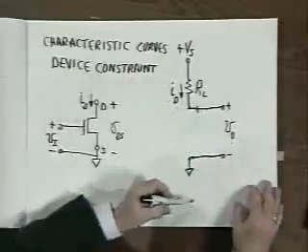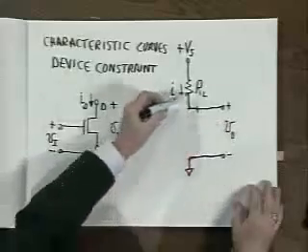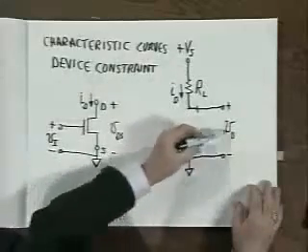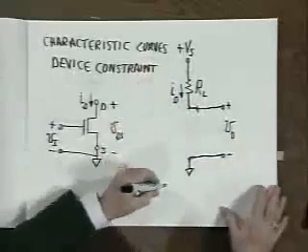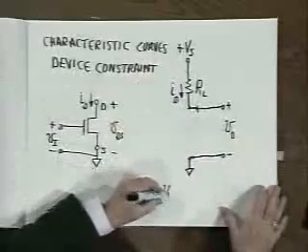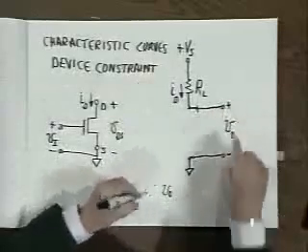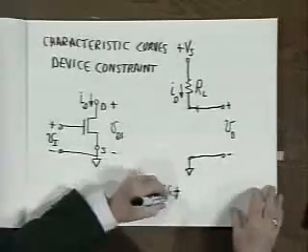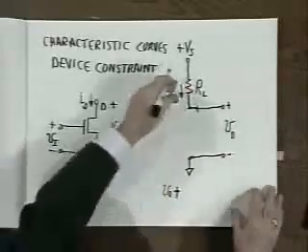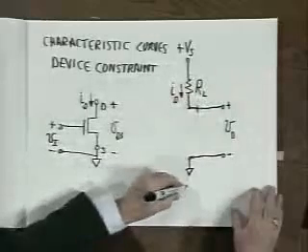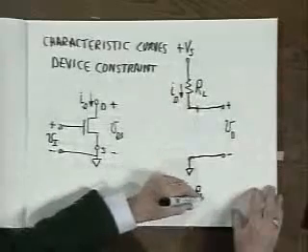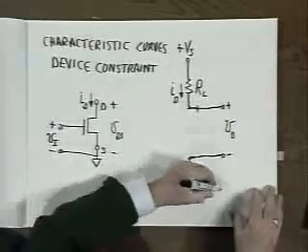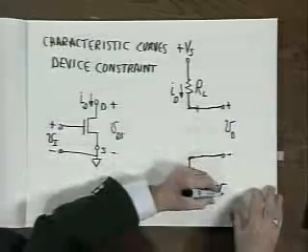Just applying Kirchhoff's voltage law and adding up voltage drops from ground to the voltage source, we get V sub O, this voltage, plus the voltage drop across this resistor, which is I sub D times R sub L, had better equal the supply voltage, V sub S.